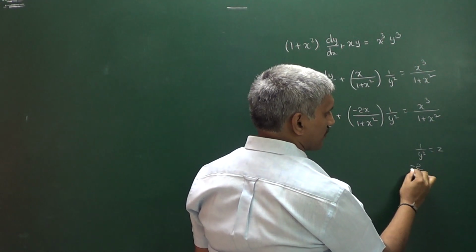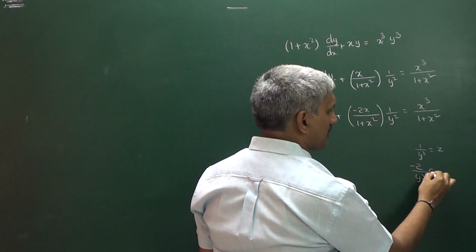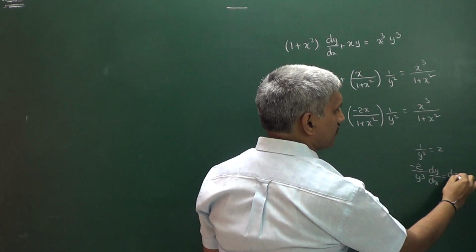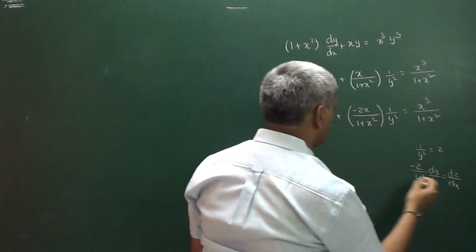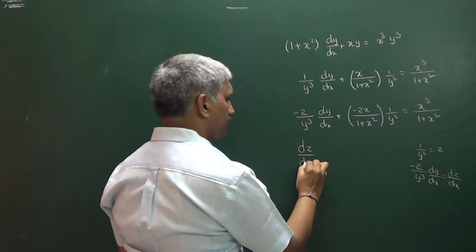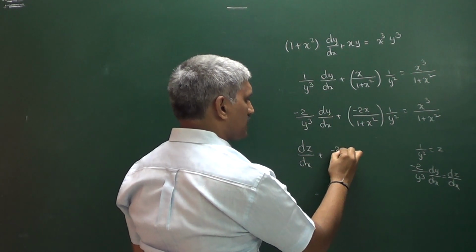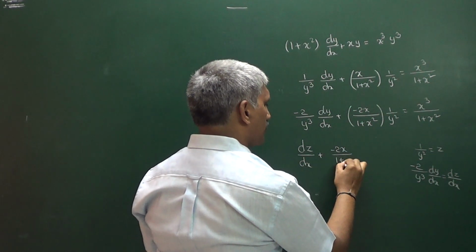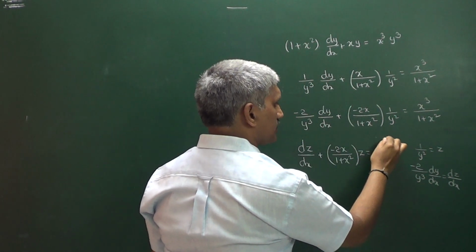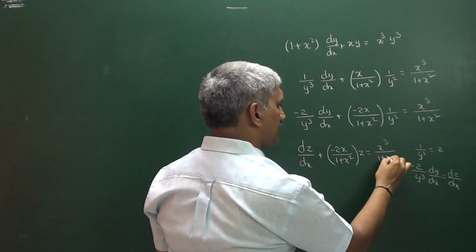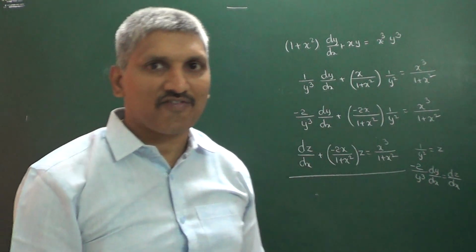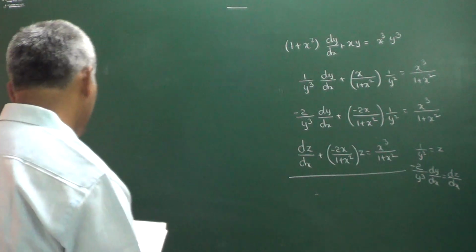Differentiation of 1 by y square: minus 2 by y cube into dy by dx is equals to dz by dx. Now because of this substitution the question changes as dz by dx plus minus 2x divided by (1 plus x square) into z is equals to x cube divided by (1 plus x square). Now it is a linear differential equation. We can solve it by using the integrating factor method.